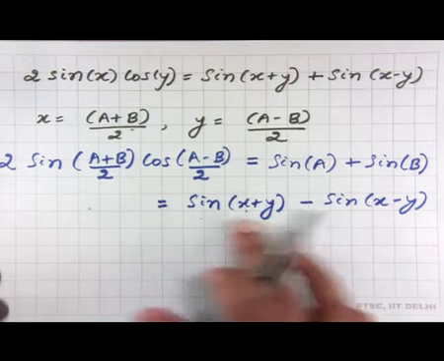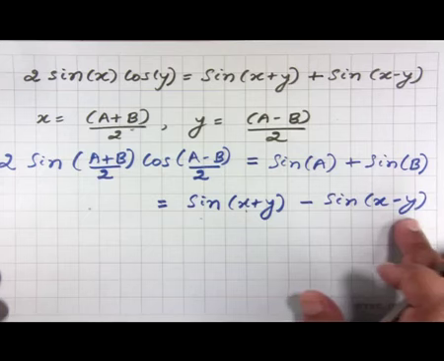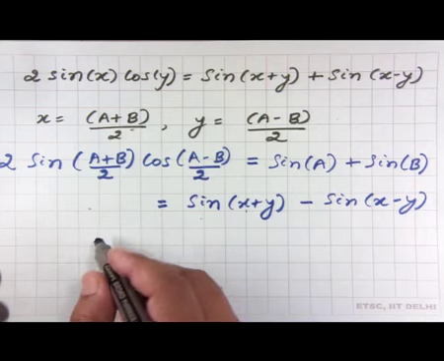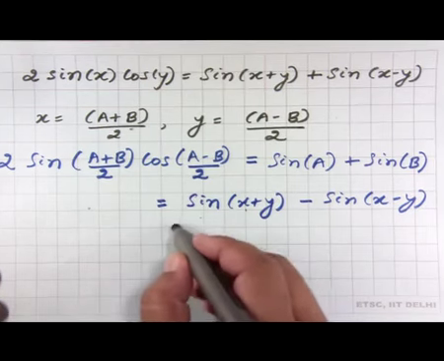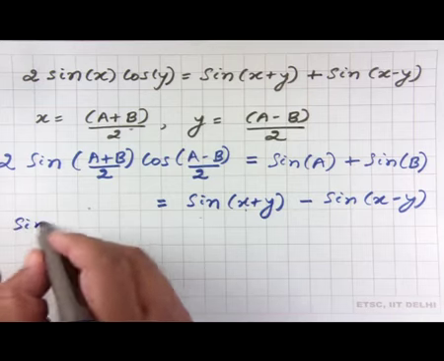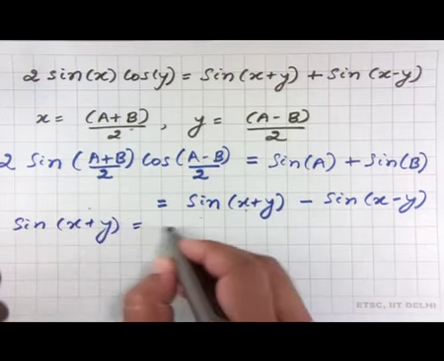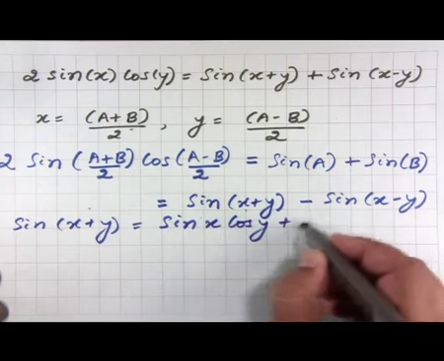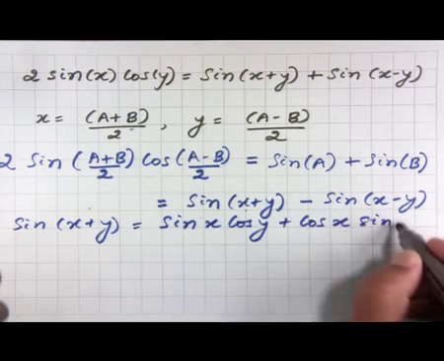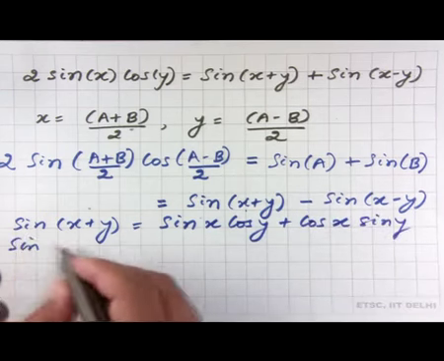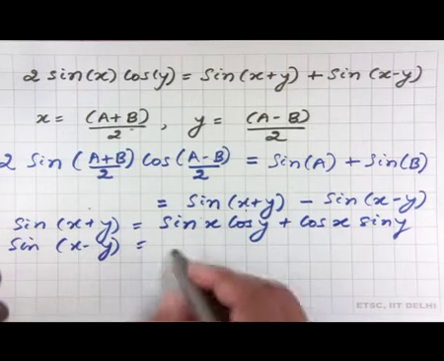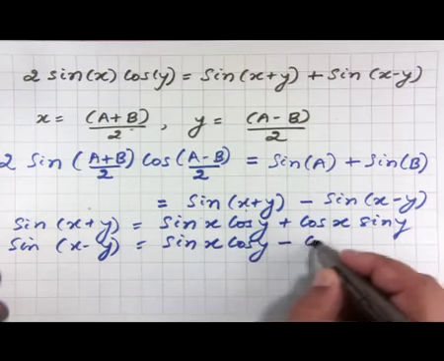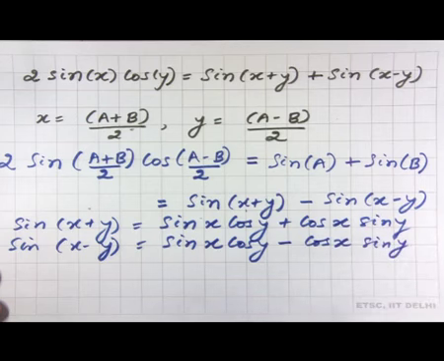So, when we replace this with that expression and also the similar expression for sine of x minus y, what we get is, sine of x plus y is sine x cos y plus cos x sin y, and sine of x minus y is sin x cos y minus cos x sin y.